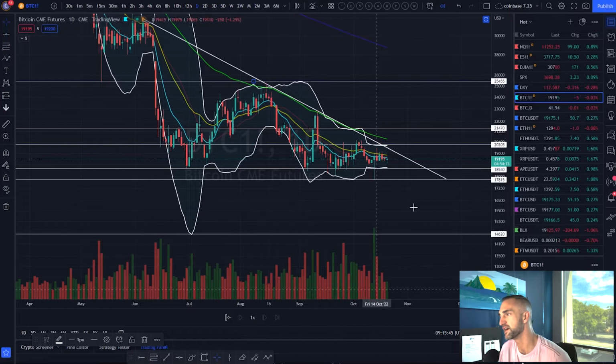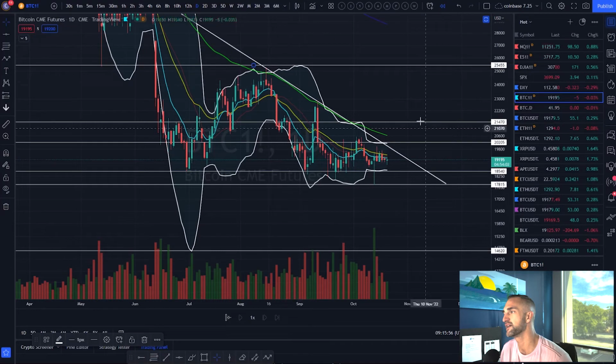So again, a daily closure outside of this range, we're getting to this range. Daily closure below here, we're getting here. So here's where the big move likely happens.